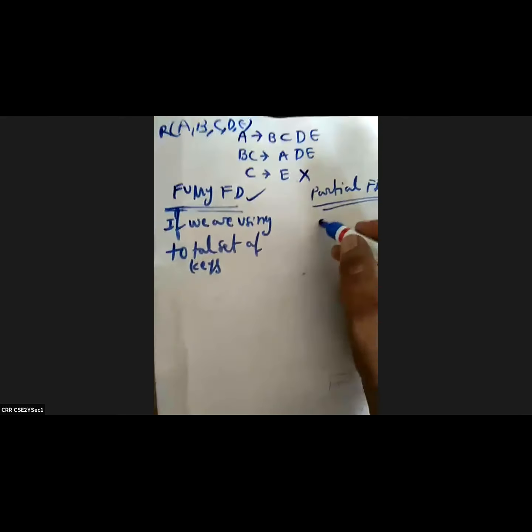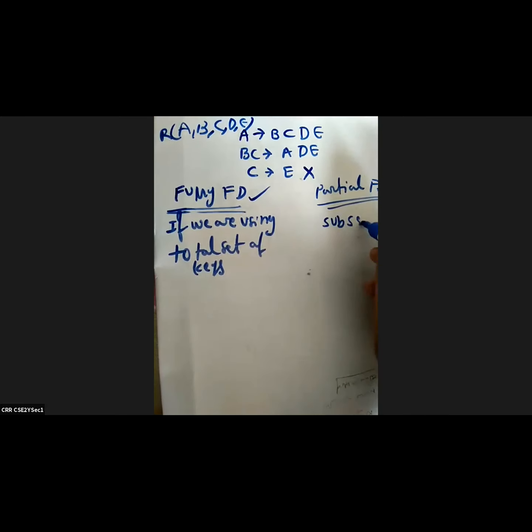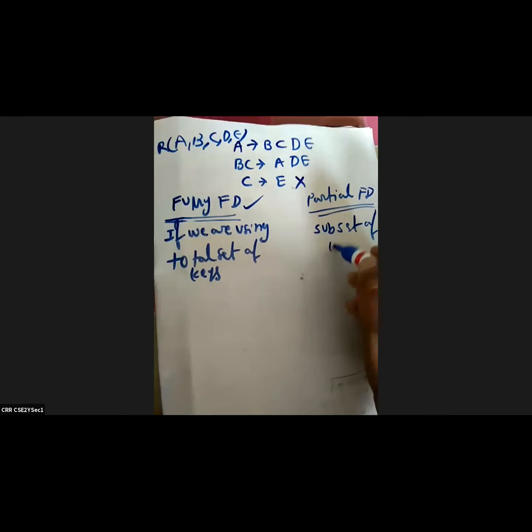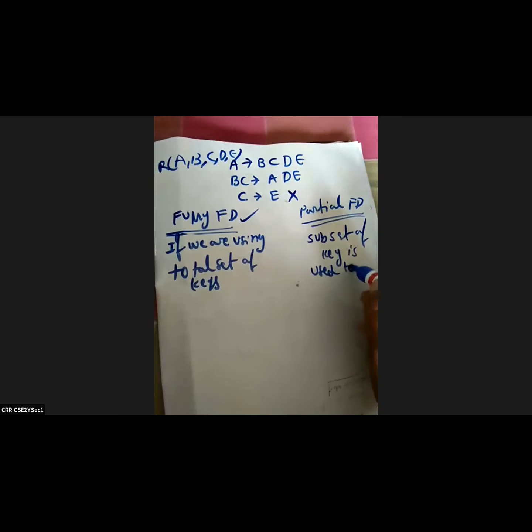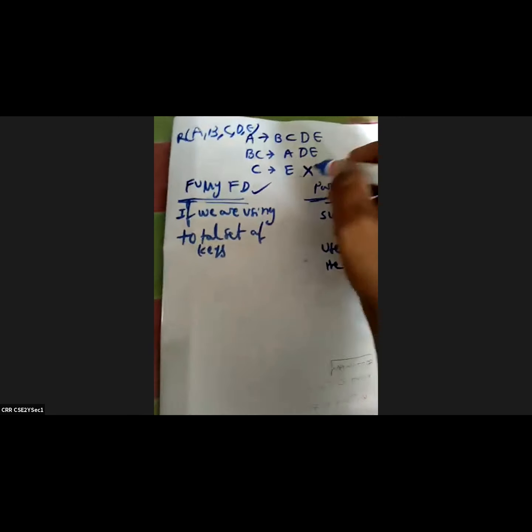If a subset of the key is also enough to find the data, then this type of dependency will be referred to as a partial functional dependency. So here the problem occurs.